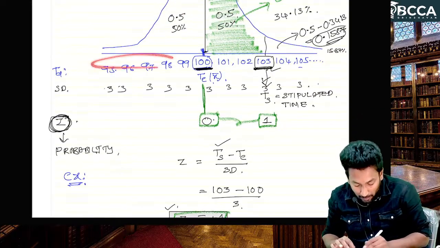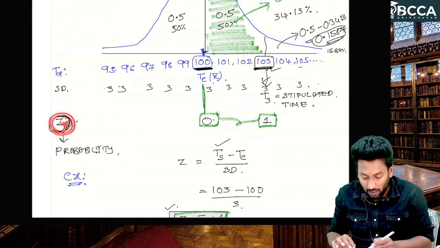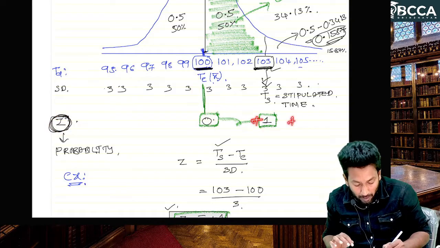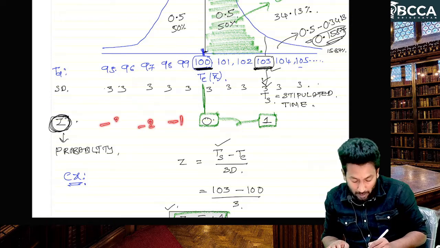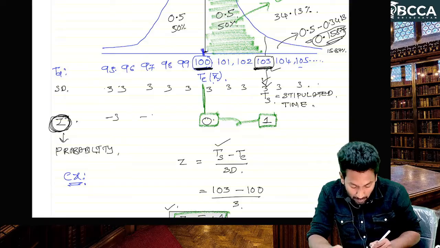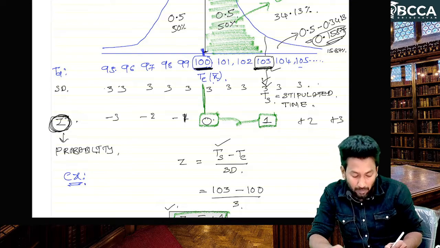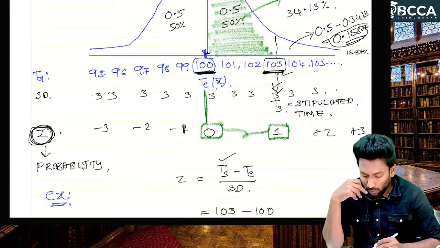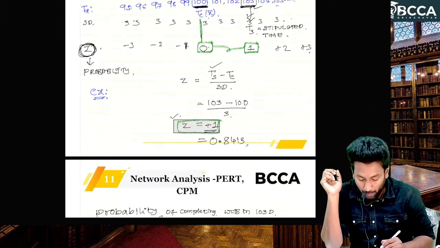For each time value and standard deviation, you can calculate different Z values. At the TE value, Z equals 0; on the right side it is +1, +2, +3, and on the left side -1, -2, -3. For the required time you calculate the Z value, and based on the Z value we calculate the probability.